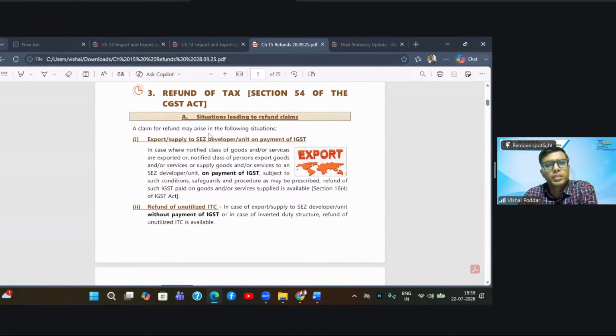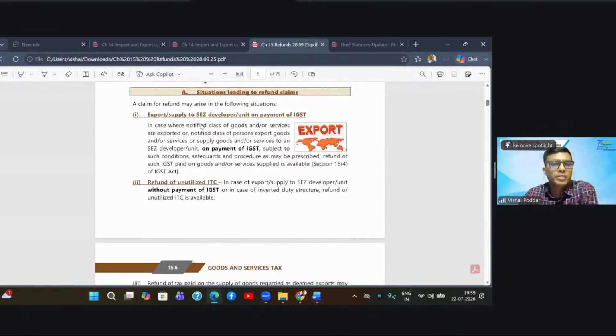The first thing which we need to understand is what are the different scenarios where the law entitles you to claim refund. So the different scenarios are: first, where you are exporting outside India or you are supplying to SEZ. In both cases, which is also called a zero rated supply, this is done on payment of IGST.